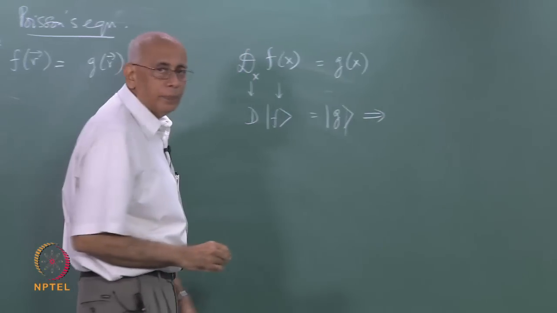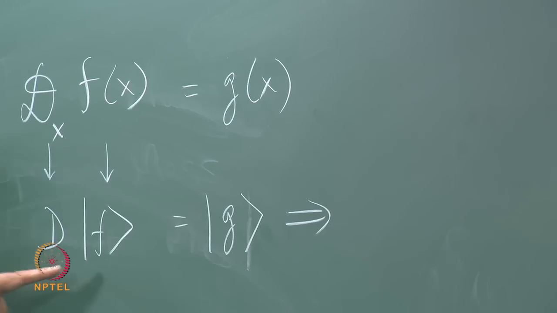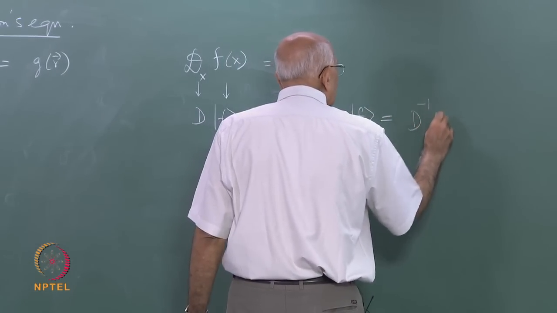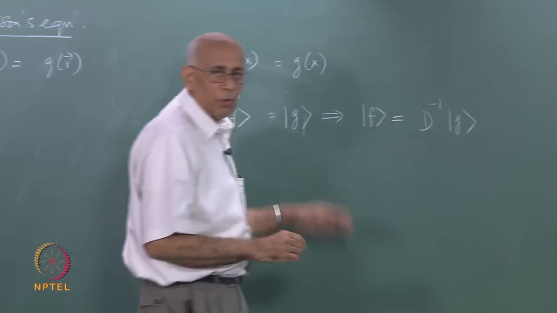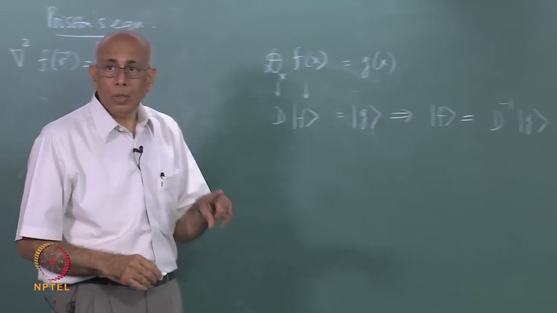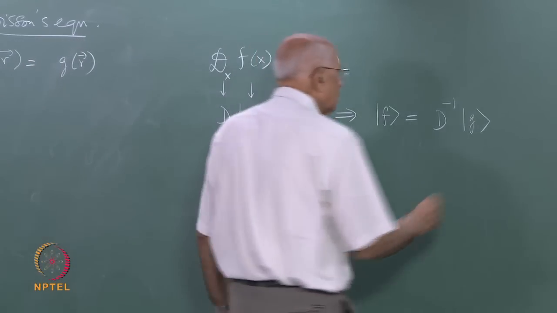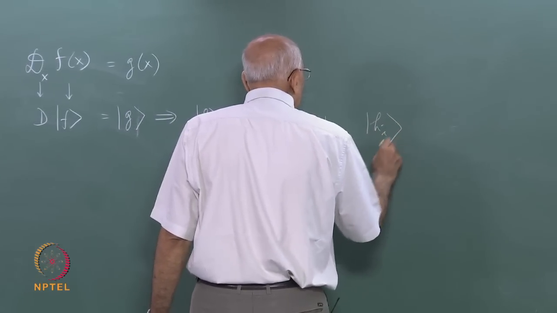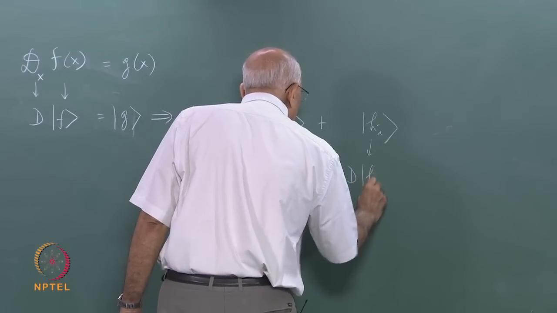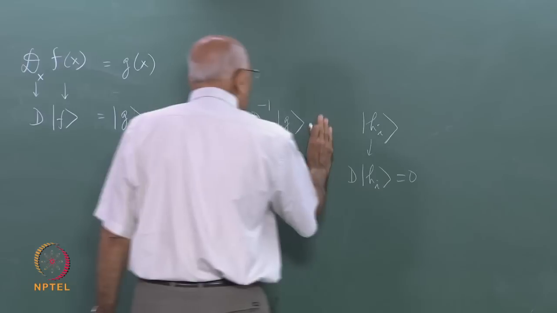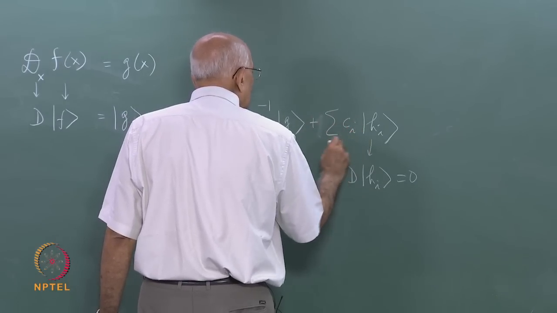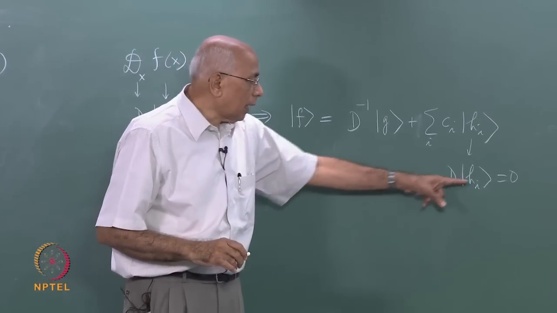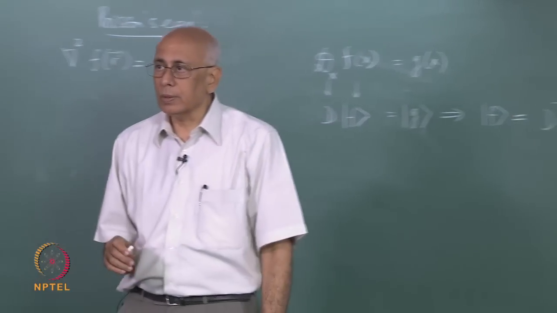This will imply formally that the solution f is equal to D inverse, if it exists, acting on g, formally of course, but that is not all, because you could also have a piece, plus a piece which is some vector h, |h>, where D acting on this |h> equals 0, and in fact you must sum over linear combinations of all such eigenfunctions or eigenstates such that if this operator acts on it, it annihilates it, you get 0 here.